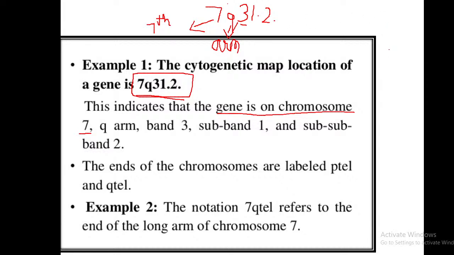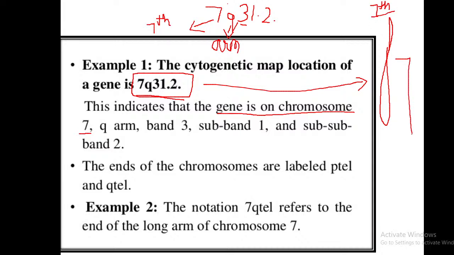So 7th chromosome. If this is the 7th chromosome, the 7th chromosome long arm. Long arm is Q. Then the long arm, 3rd position.